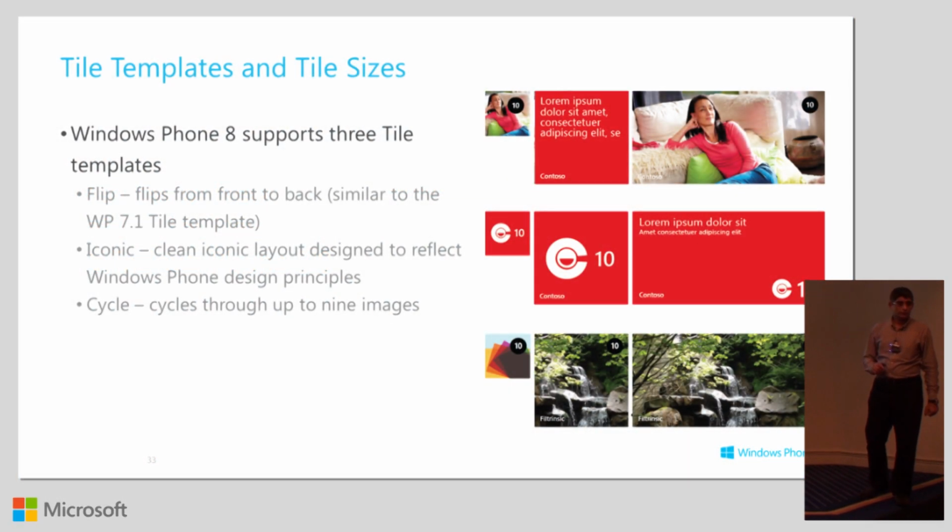So what's new in Windows Phone 8? Most importantly, we have made a lot of investment in the UI. Previously, developers had only one tile to work with, right? Now we have given you the same capabilities as the native applications. So you have 3 different sizes of tiles. You have the small, the medium square, and the rectangular.